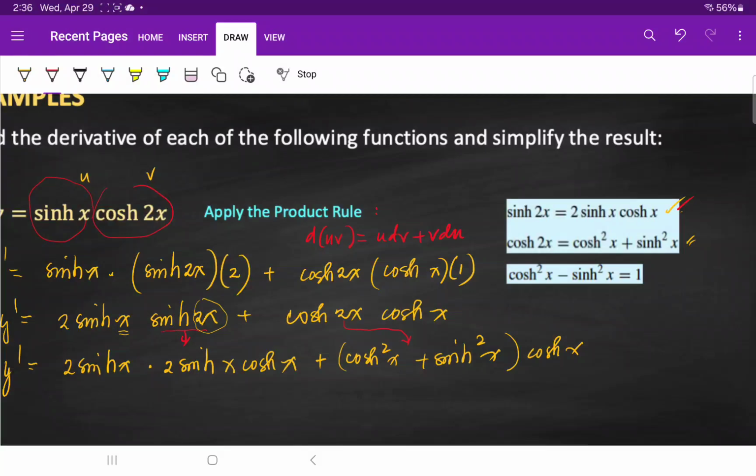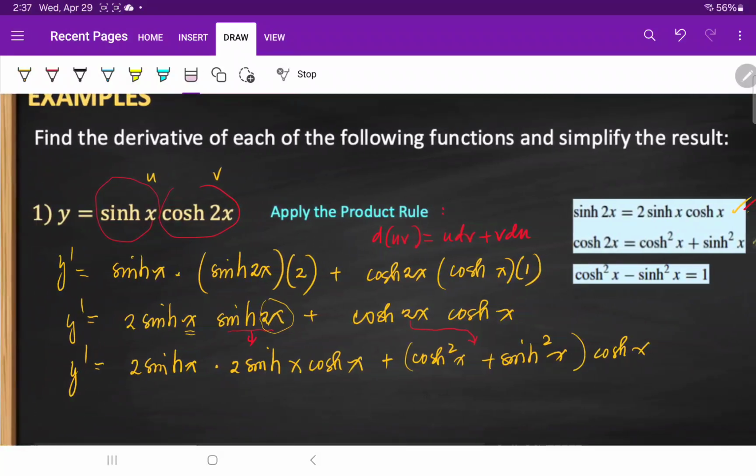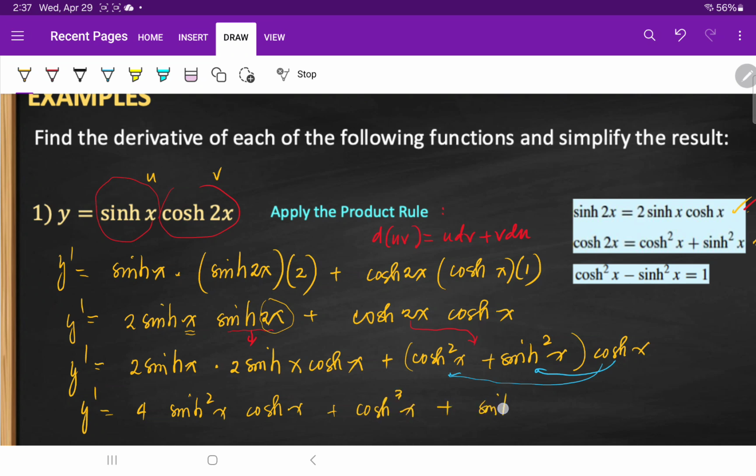If we simplify further, y prime now is 2 times 2 is 4 hyperbolic sine square x hyperbolic cosine x, plus we distribute hyperbolic cosine x, so we get hyperbolic cosine cube x plus hyperbolic sine square x hyperbolic cosine x.